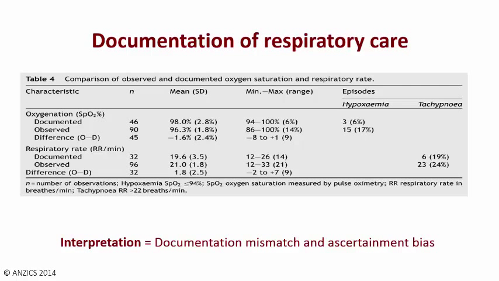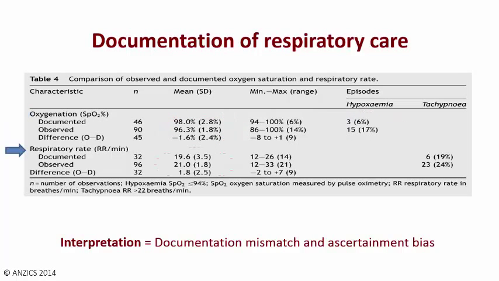We did look at the medical documentation of what was documented versus what they were doing, and nurses tended to, when looking at oxygen delivery, document a higher oxygen saturation than observed, and also they documented fewer hypoxemic episodes than observed. Conversely, for respiratory rate, nurses would document a lower respiratory rate than observed and would also document fewer tachypnea episodes than observed. And we could try to understand why.